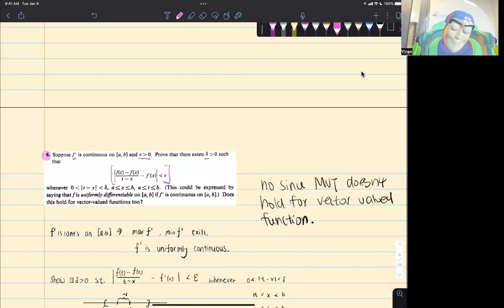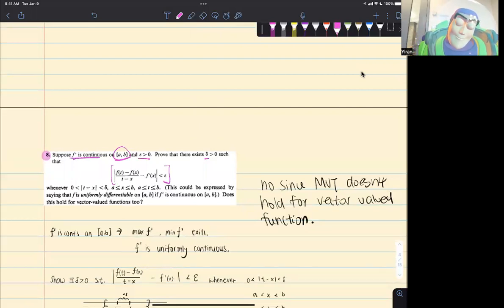Okay, I think I remember how to do this problem. Again, it uses the uniform continuity, because we're given f prime is continuous on a compact interval. The trick here is that it also uses the mean-value theorem.